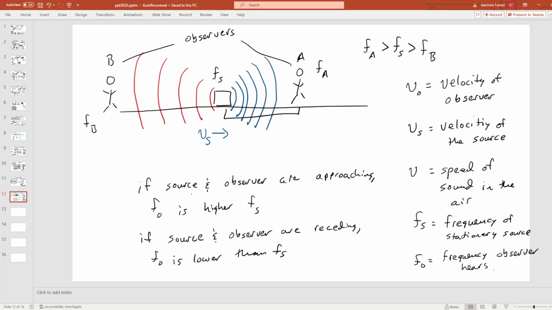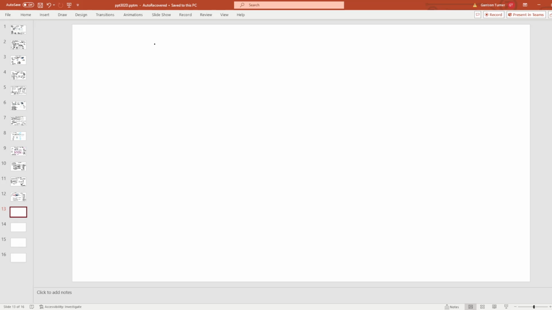And so, if we're going to take the source as the thing that's moving, if our source is moving with velocity Vs, then our formula has to give a frequency that is higher for the observer than the source.